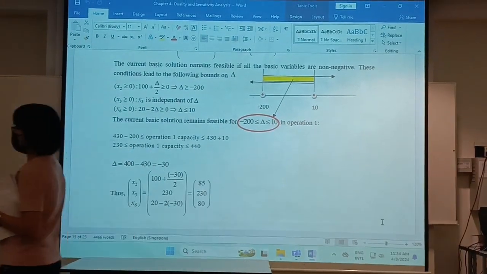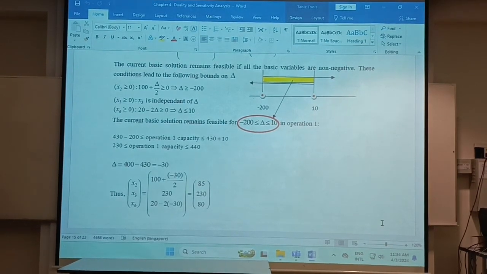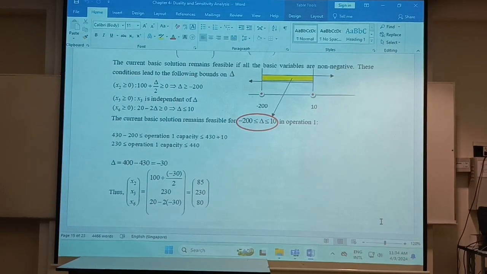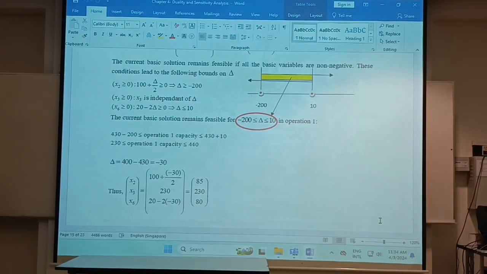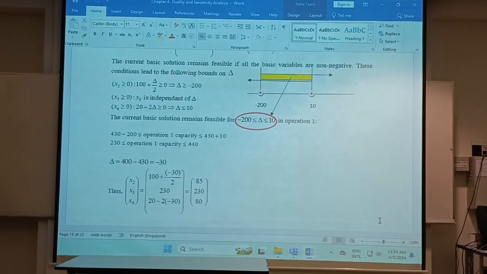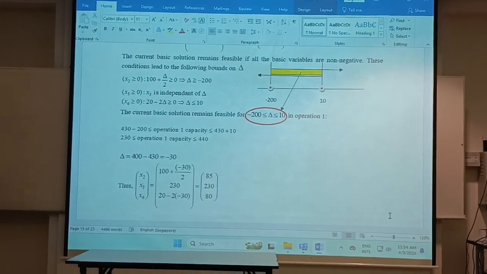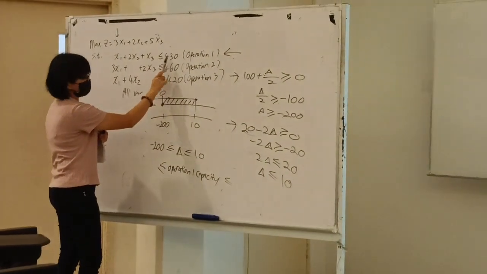See, the changes must be made between 10 and also negative 200. What is the original value for operation 1? 430. If you want to talk about the operation 1 capacity, then we have to pass in this value. Originally it's 430.